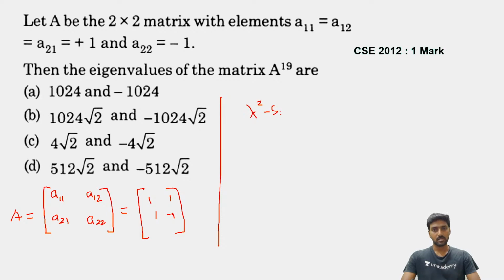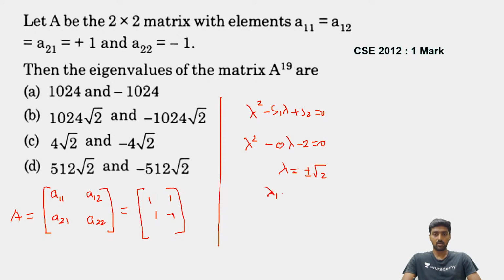Lambda square minus S1 lambda plus S2 is 0, so lambda square minus 0 lambda minus 2 is equal to 0. S1 is equal to 0 and this will be the answer, right? Therefore lambda is equal to plus or minus root 2. That is lambda 1 is equal to plus root 2, lambda 2 is equal to minus root 2.